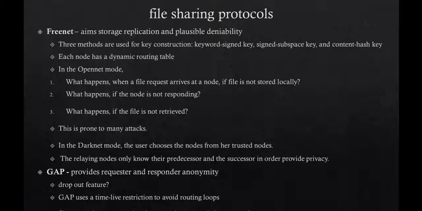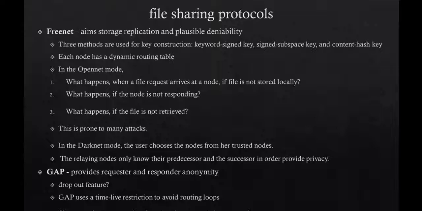Each node has a dynamic routing table. The routing table is updated periodically for better performance. Three methods are used for key construction, that is keyword signed key, signed subspace key, and content hash key. It works in two modes, that is OpenNet mode and DarkNet mode.